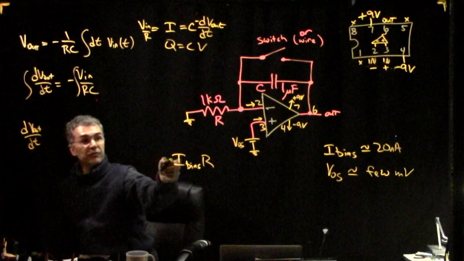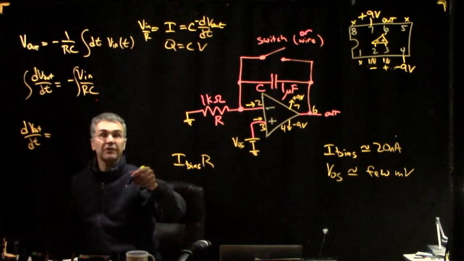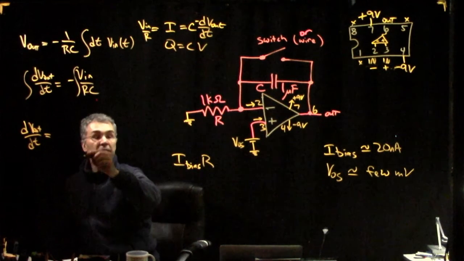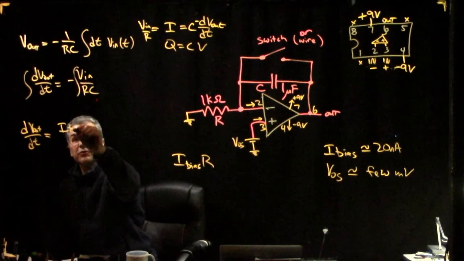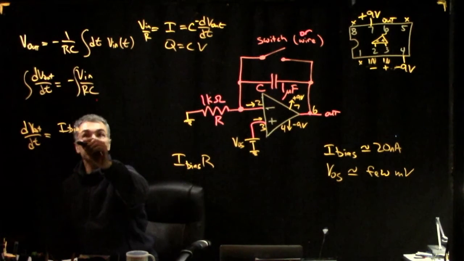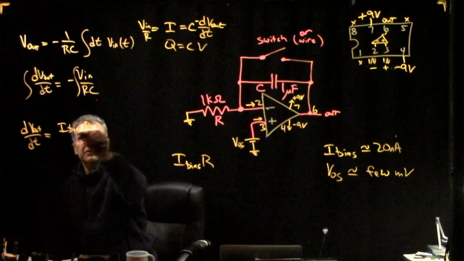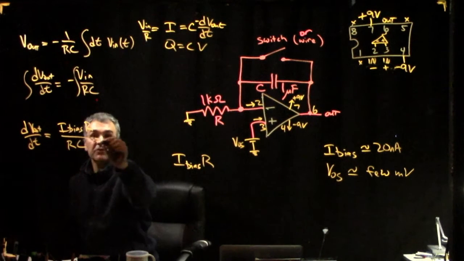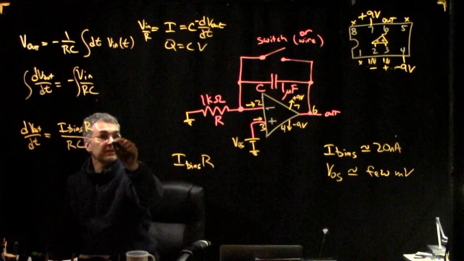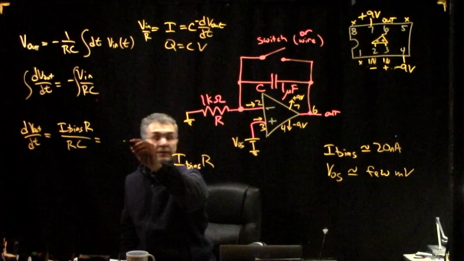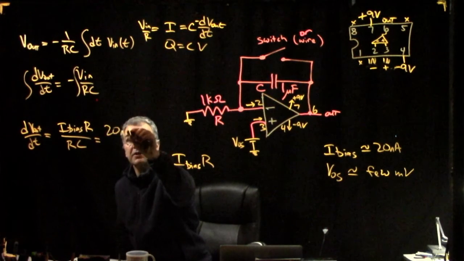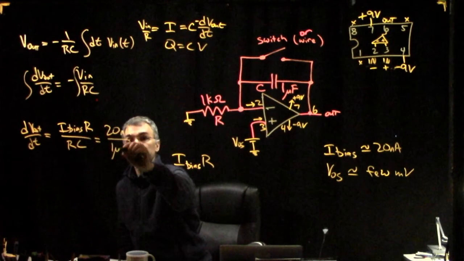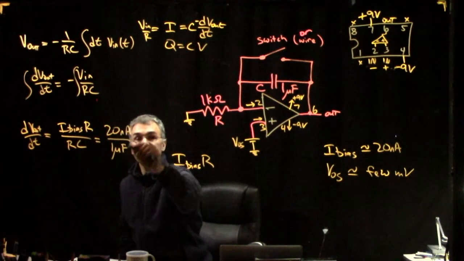Let's take these two effects, and let's say we don't know what the signs are. Actually we do know what the sign of this one is, but anyway, I bias R over RC, so the R will cancel. So then this will be like 20 nanoamps over 1 microfarad. We'll work out what that is in a second.